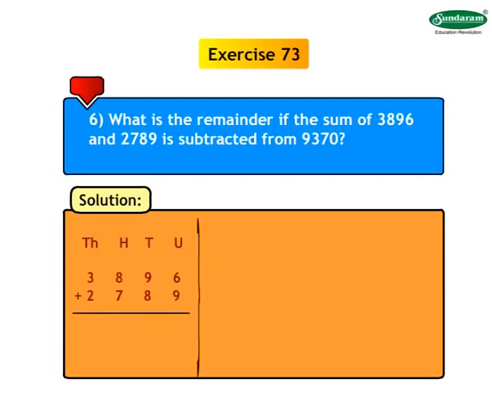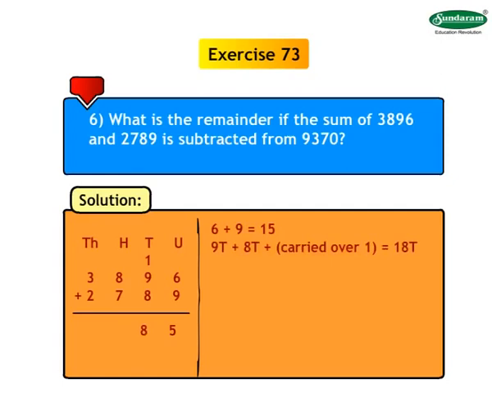First, add the numbers 3896 and 2789. Arrange the numbers vertically. Starting from units place, 6 plus 9 is equal to 15. Write 5 in units place of answer. Carry over 1 in tens place. In the tens place, 9 tens plus 8 tens plus carried over 1 is equal to 18 tens.